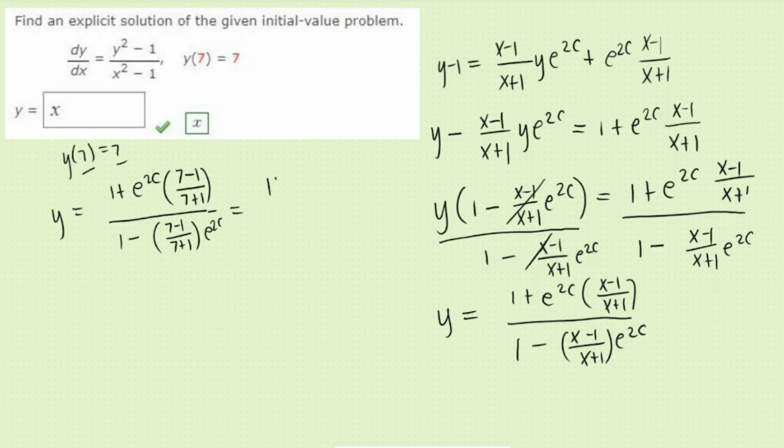So this is actually 1 plus e to the 2c times 6 over 8, all over 1 minus 6 over 8 e to the 2c.